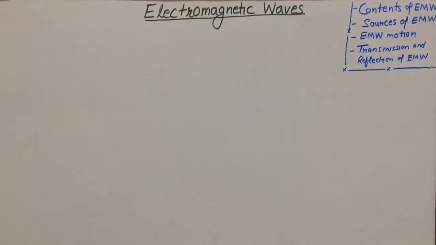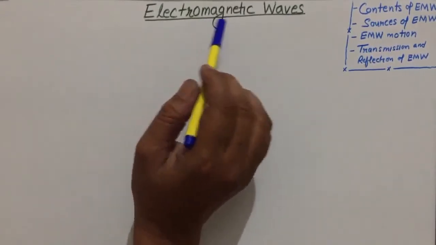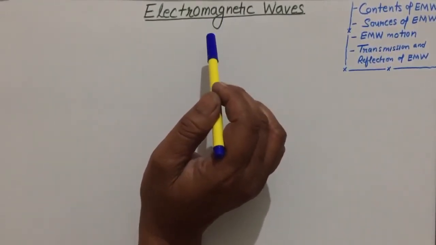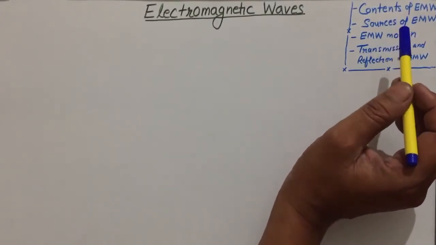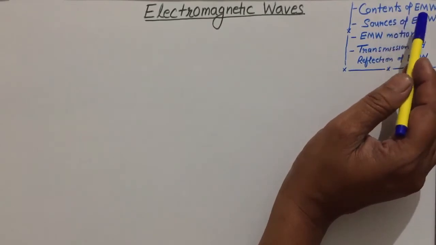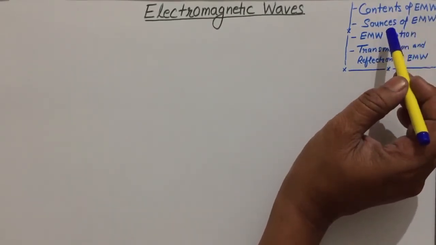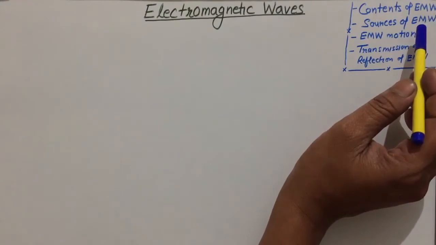Hello students, today we are going to start a new unit, that is electromagnetic waves. In the beginning of this unit, we will study the complete description of electromagnetic waves. We will study the contents of electromagnetic waves, the sources of EM waves, and what are its characteristics.